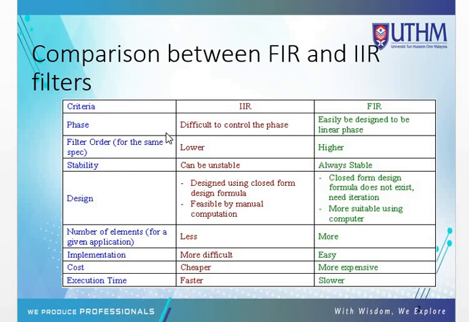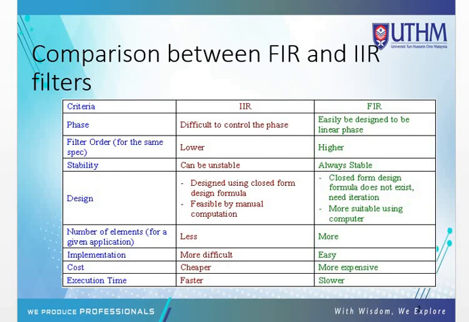In terms of design, IIR uses a closed-form design formula and is feasible by manual computation, whereas for FIR a closed-form design formula does not exist and it needs iteration, and it is more suitable using the computer. IIR has less number of elements, whereas FIR has more number of elements.